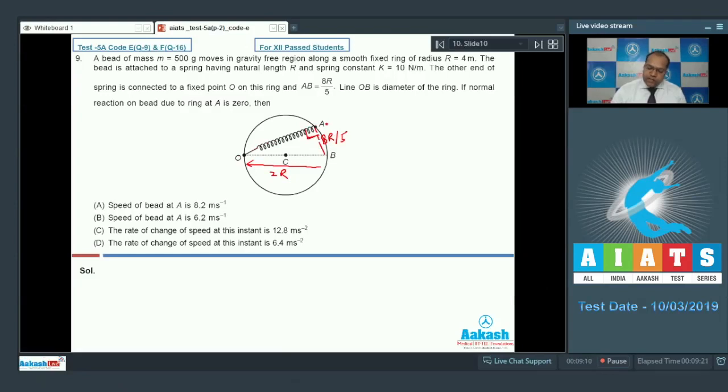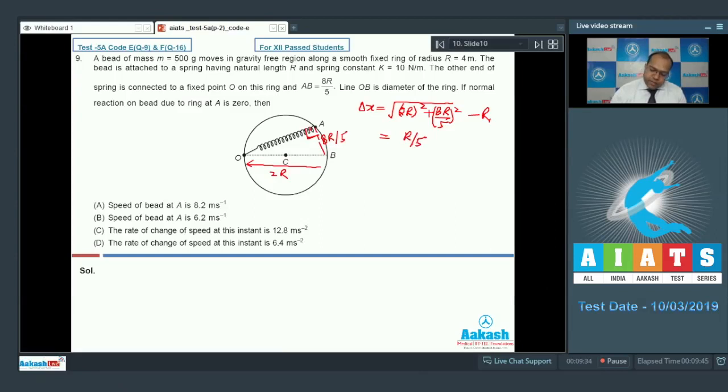So if I calculate this extension in this spring, then extension or elongation in the spring delta x can be written as square root of (2r) whole square plus (8r by 5) whole square, minus natural length of spring r. So if I solve this, it comes out to be r by 5.